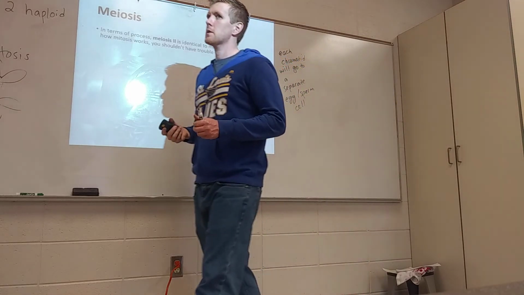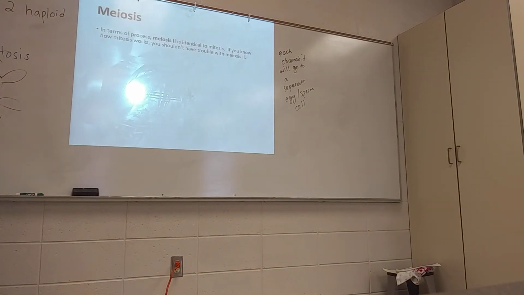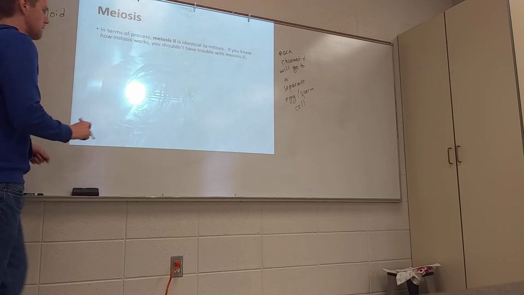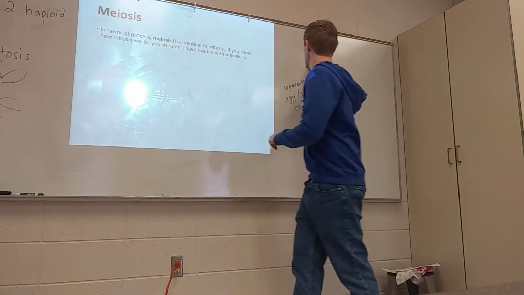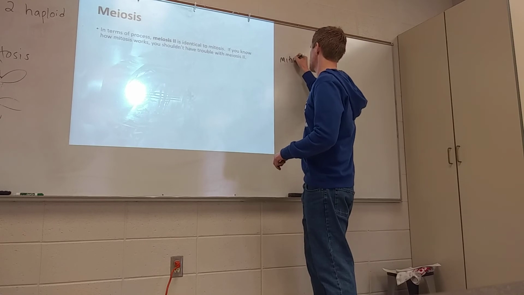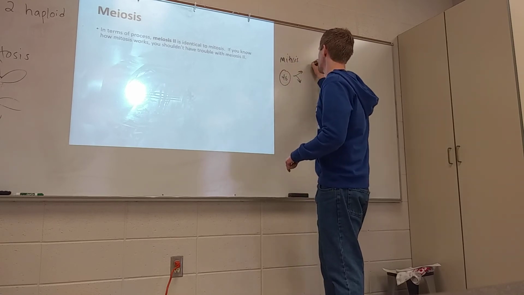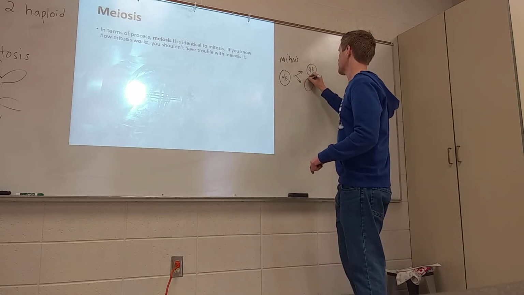Meiosis II is nice and simple in the sense that it is identical to mitosis. The only difference is our starting point. In mitosis, we start off with a cell that has 46 chromosomes, and we end up with 2 new daughter cells that also have 46.